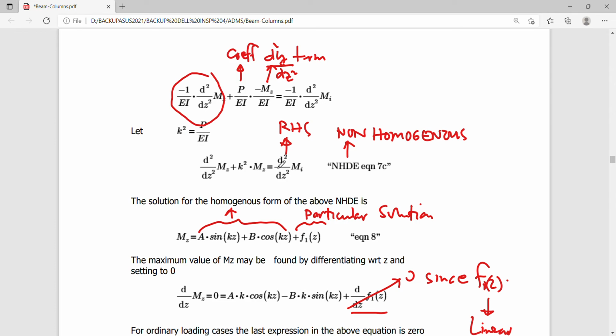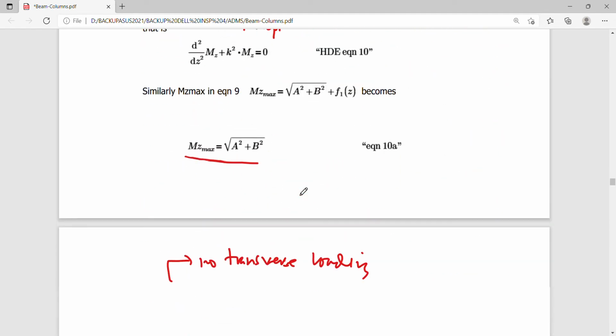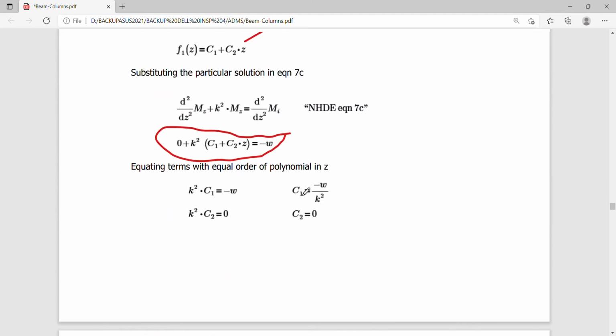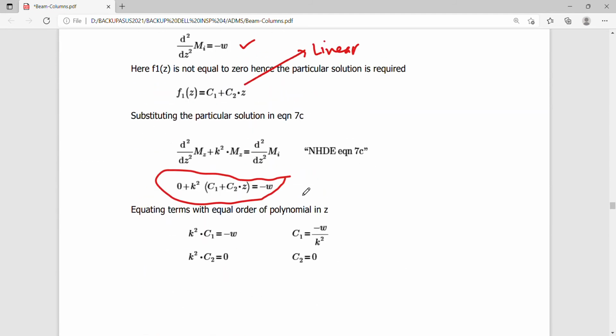Okay, so if I now take the derivative of this, considering that the function that I use is this particular solution. Okay, so this is now your particular solution.